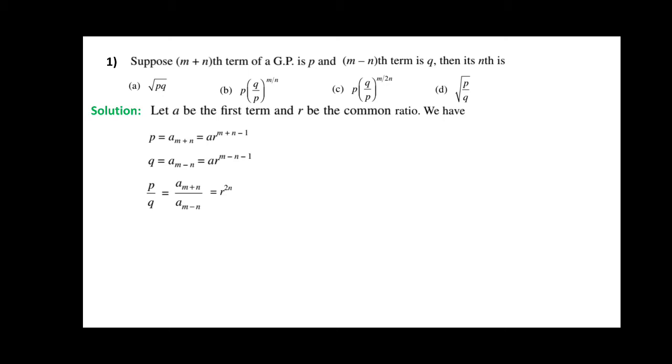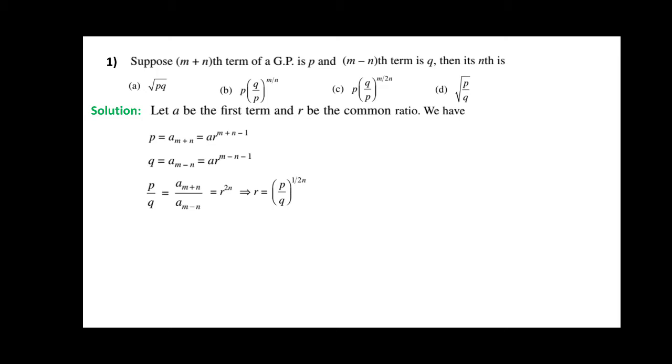Now to cancel the power 2n, I have to multiply the power by 1 by 2n on either side. Therefore r is equal to (p by q) whole to the power 1 by 2n.